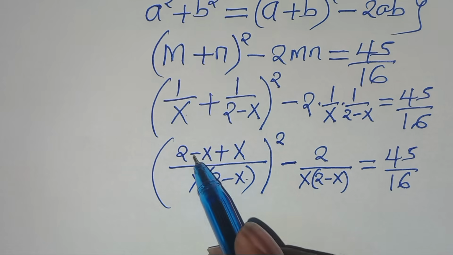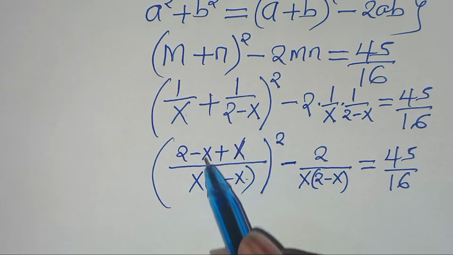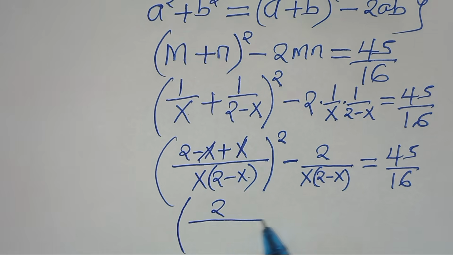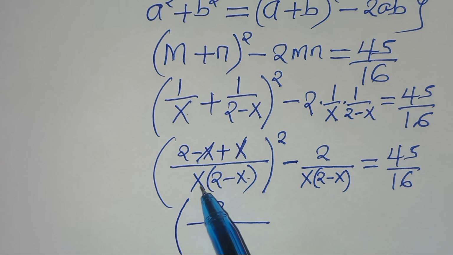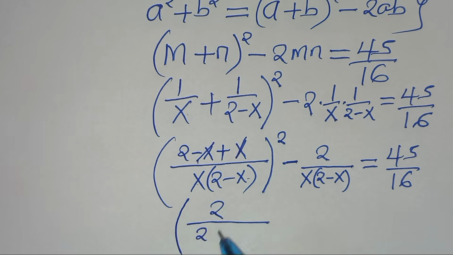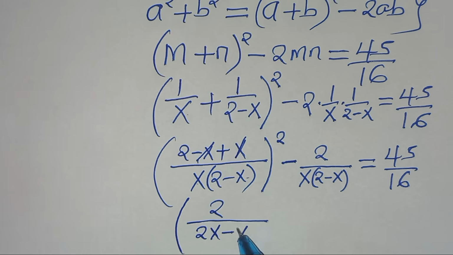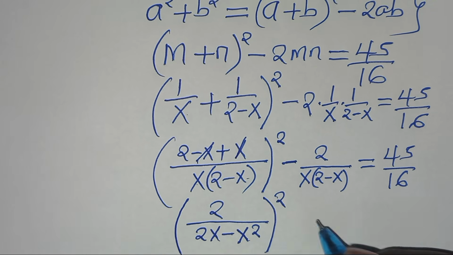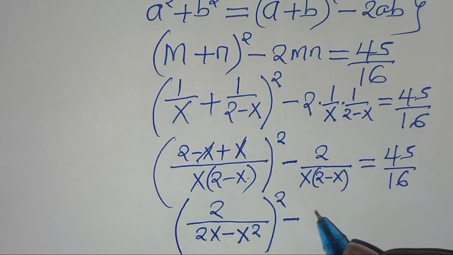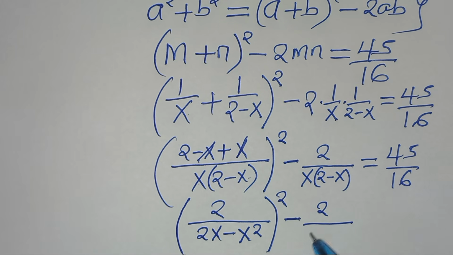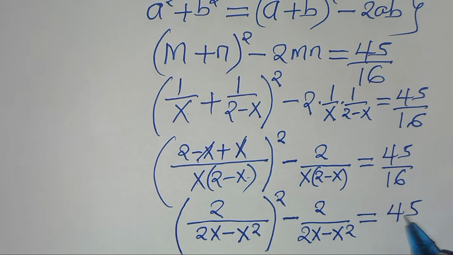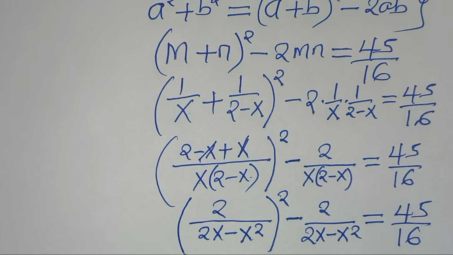Here we have minus x plus x, which simplifies, so now we have 2 over 2x minus x to the power of 2, everything raised to the power of 2, then subtract 2 over 2x minus x to the power of 2, equal to 45 over 16.